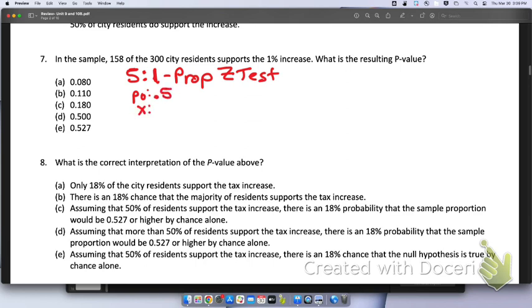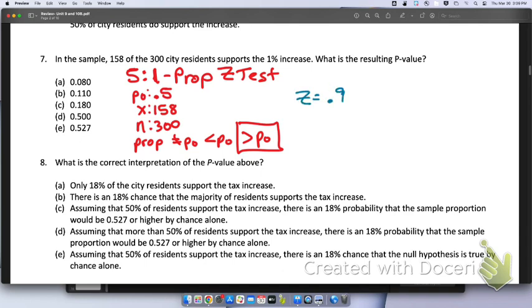X, that's your number of successes in your sample. That's the 158. N is your sample size. That's the 300. And then what direction is your alternative hypothesis? The direction of the alternative hypothesis is that P is greater than the claimed value. And so that is going to be the one we should select. And then we get our Z test statistic, 0.924.